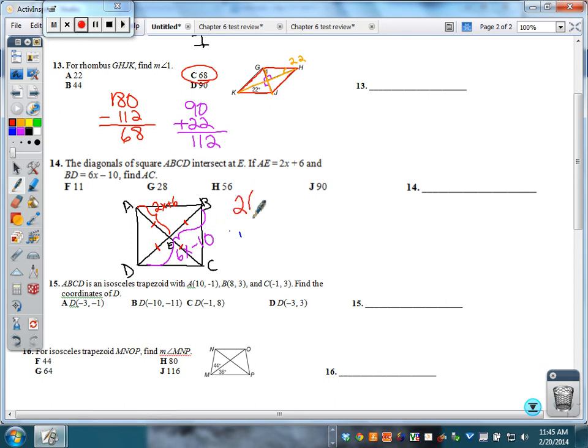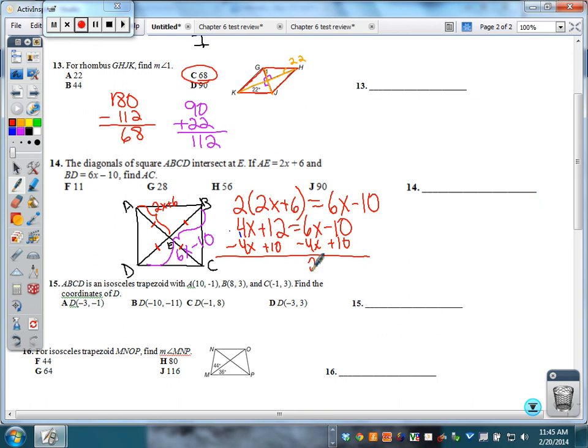So if I take 2 times 2x plus 6, that gives me the whole length. And that whole length is equal to 6x minus 10. So we have 4x plus 12 equals 6x minus 10. We're going to subtract the 4x, add the 10, and so we get 2x equals 22, x equals 11.